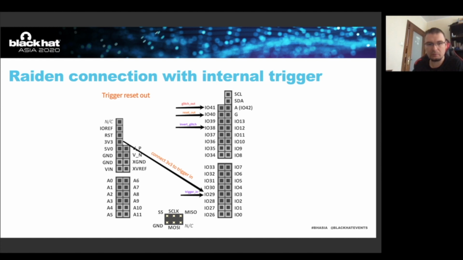So we are creating a bridge together, and the reset out signal needs to be connected to the reset of the target device. This will allow us to create our own internal reset out, and based on that we can perform glitching actions.